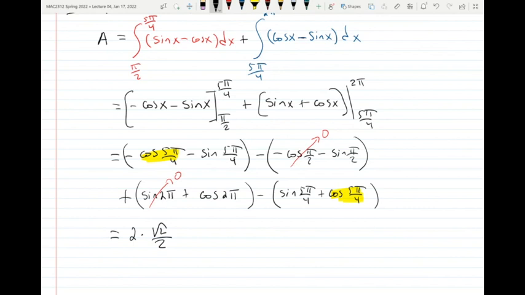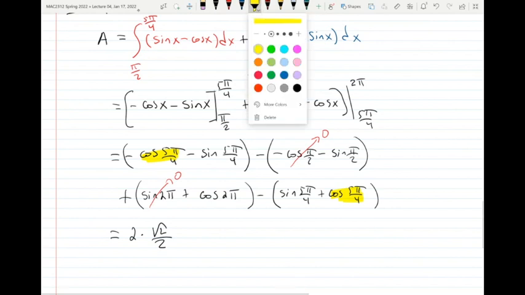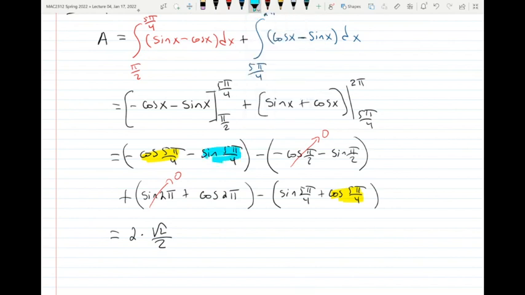And then we can play a similar game with this guy. They're both negative also, so whatever they are equal to, multiply by 2. Sine of 5 pi over 4, again in quadrant 3, is negative, and it's the same thing as cosine, because pi over 4 is this special angle where sine and cosine are the same.